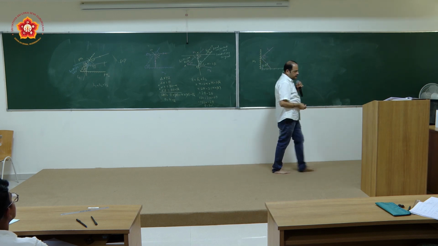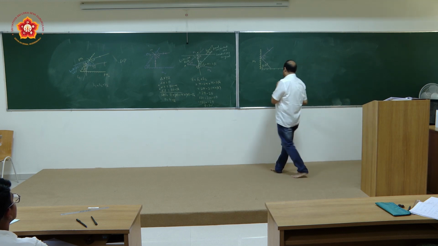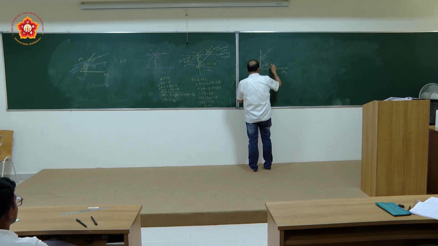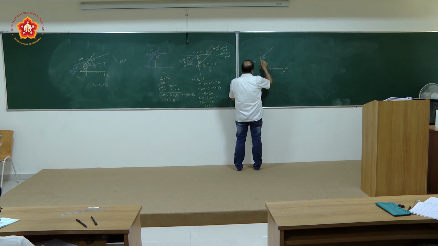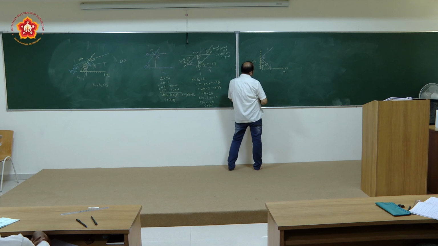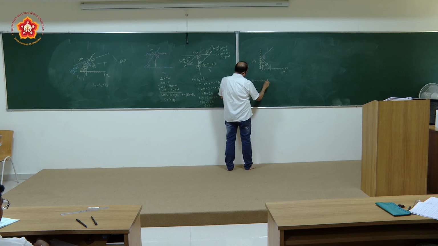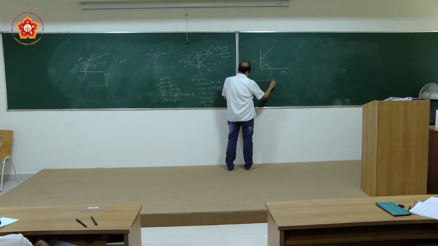At this point, you will be able to show the normal drawn again vertically like this. Now this angle will be 90 minus alpha. Obviously, if this is 90 minus alpha, this is 90. So you will be having 90 minus alpha plus 90 plus x equal to 180.